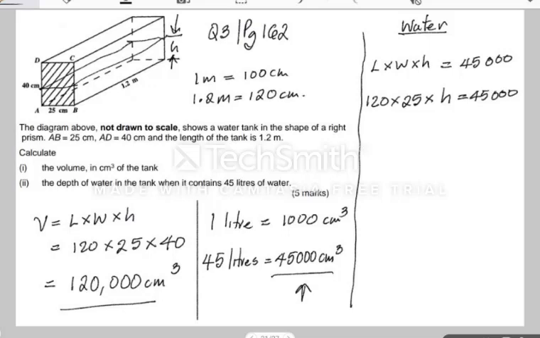Let's find out what 120 times 25 is. That's 3,000. So 3,000 H is equal to 45,000. Divide both sides by 3,000.